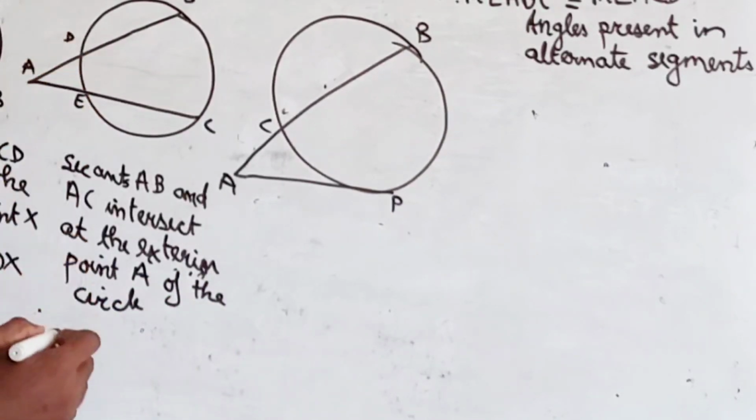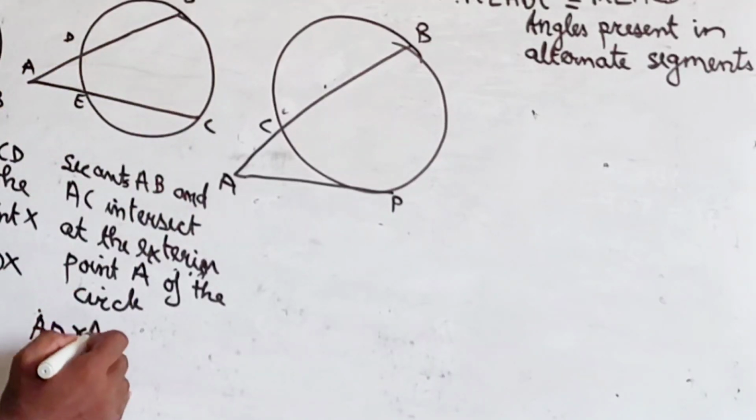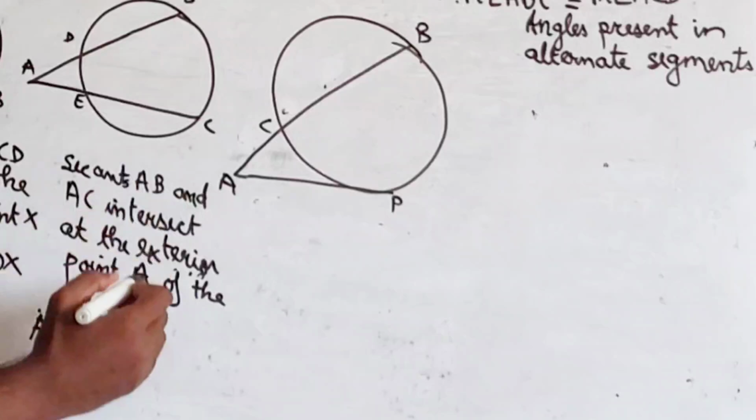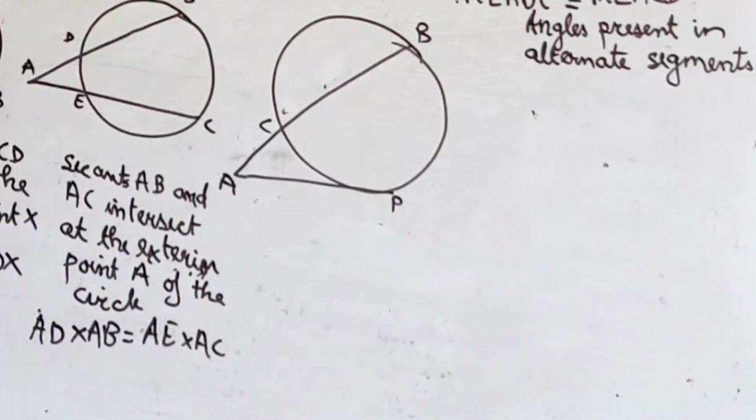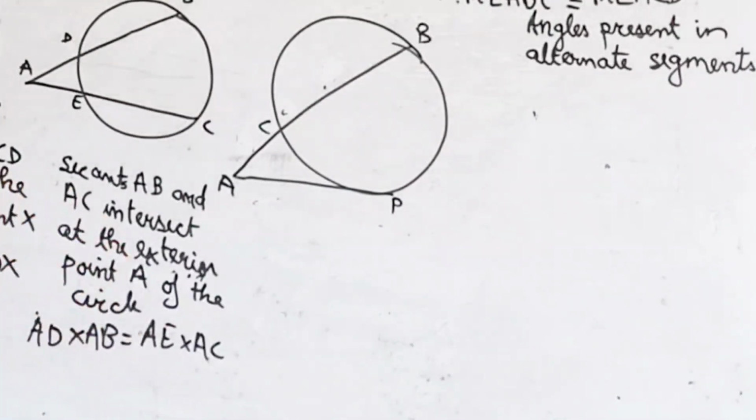Then the formula would be AD into AB will be equal to AE into AC. Again, in this example, any three of the values will be given and the fourth value you have to find by simple algebra.